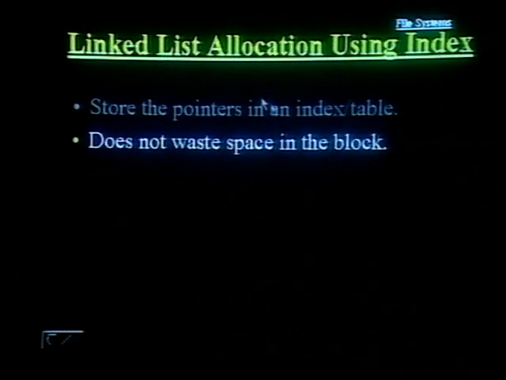And if we have a linked list and an index table in the memory, we can certainly overcome the disadvantages of the simple linked lists, because it stores the pointer in the index table and it does not waste space in the block. Another disadvantage which we mentioned in the linked list was that the pointer occupies some space. In this case, the pointer does not occupy any space because we have an index table.